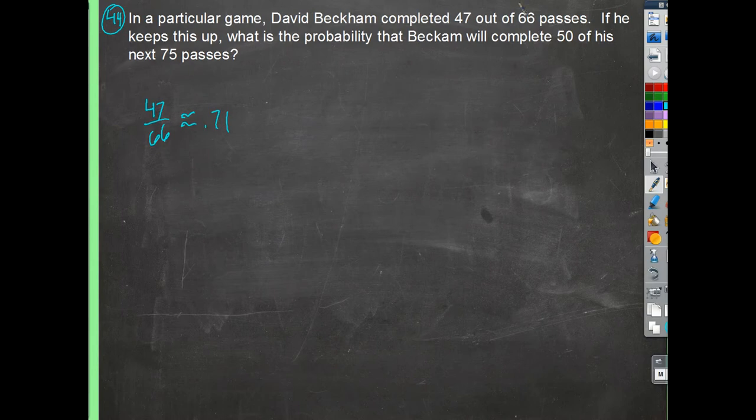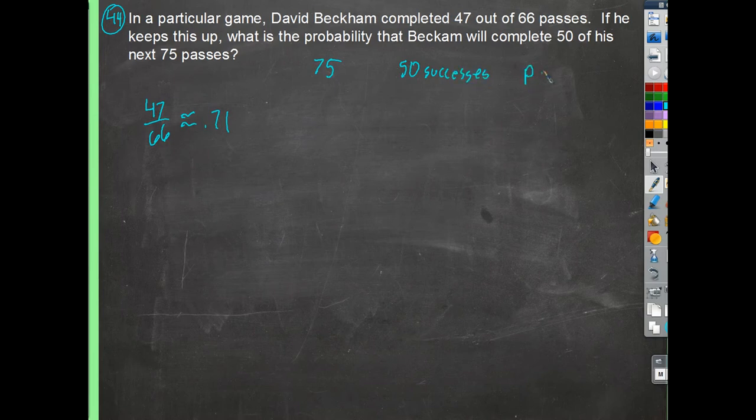So that's why it says, if he keeps this up, what's the probability that he will complete 50 of his next 75 passes? Well, this is exactly the same situation. We have 75 trials of the experiment, him passing the soccer ball, and we want 50 successes.